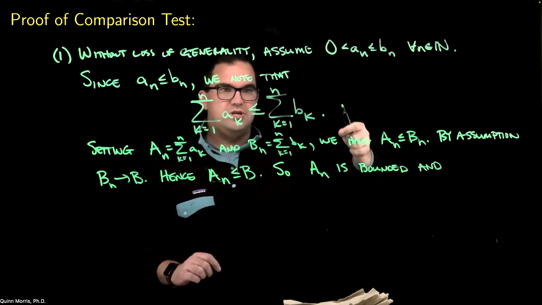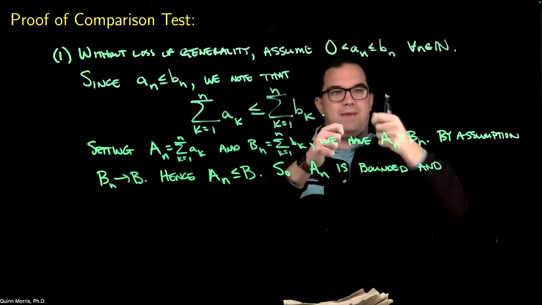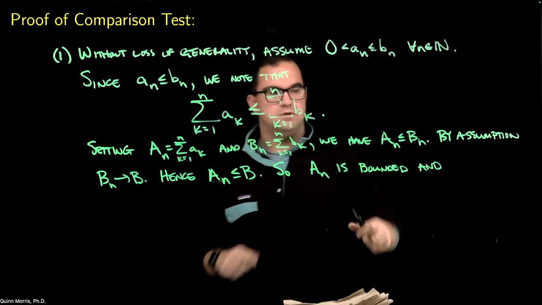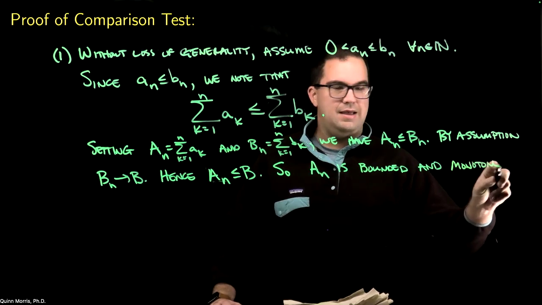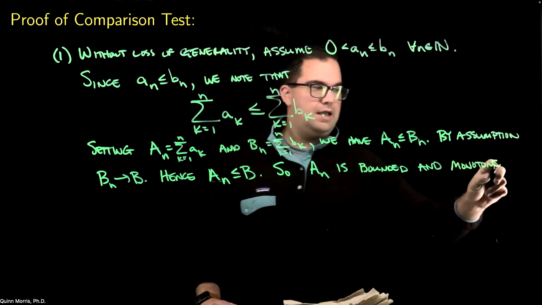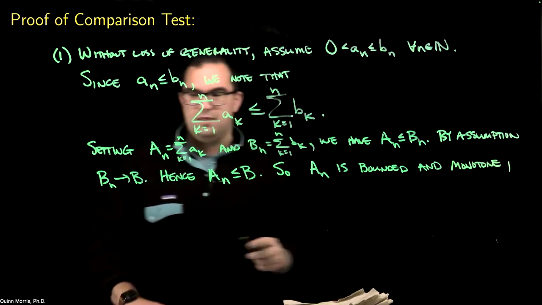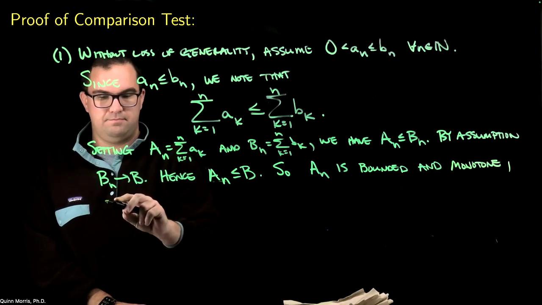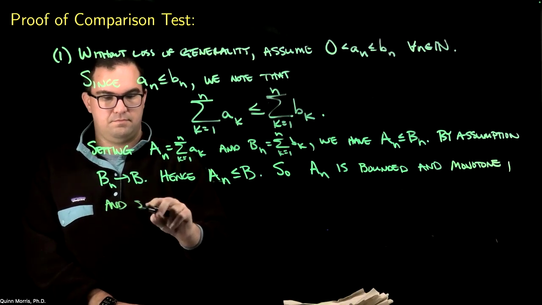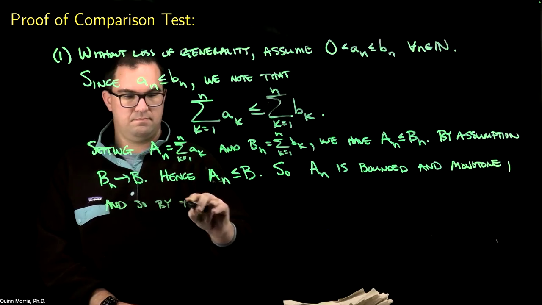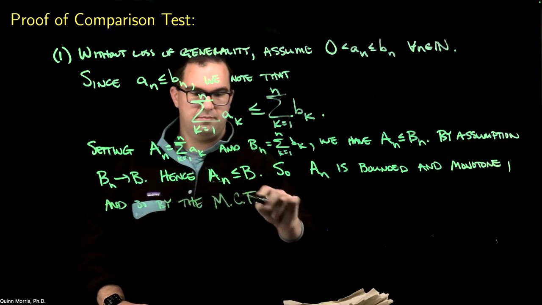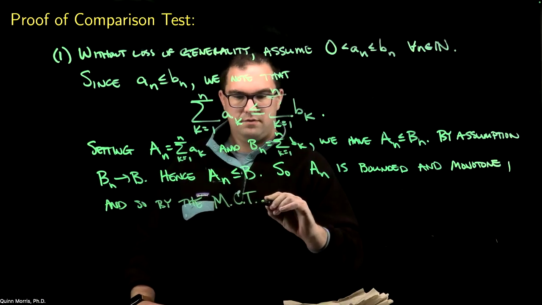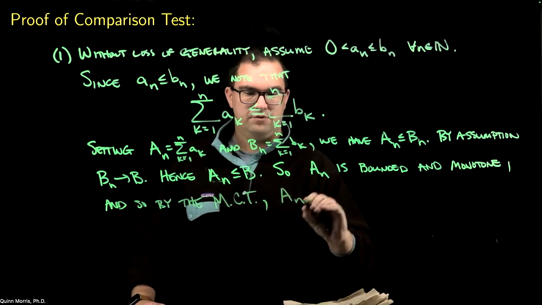So my partial sums are getting larger every time because I keep adding on these positive terms. So AN is bounded and monotone, and by the monotone convergence theorem, I'm going to abbreviate the monotone convergence theorem, MCT, AN converges.